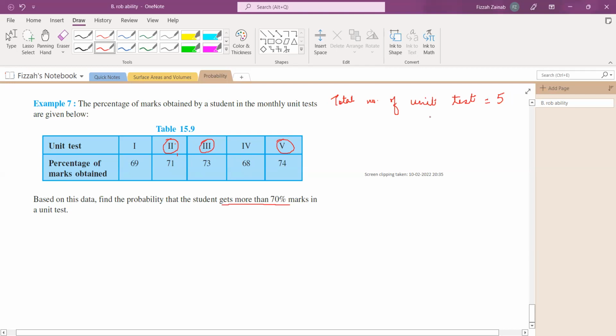So total number of unit tests are 5. Now number of unit tests in which the student has secured more than 70% marks.